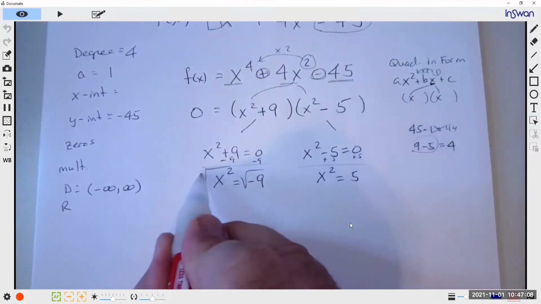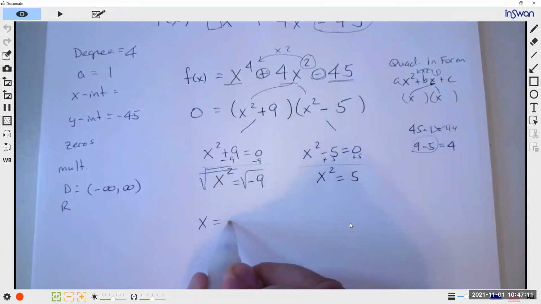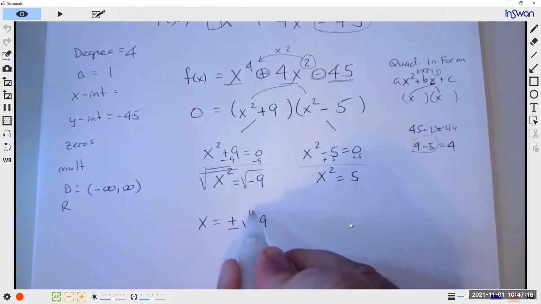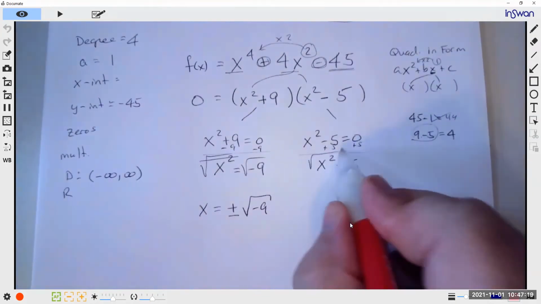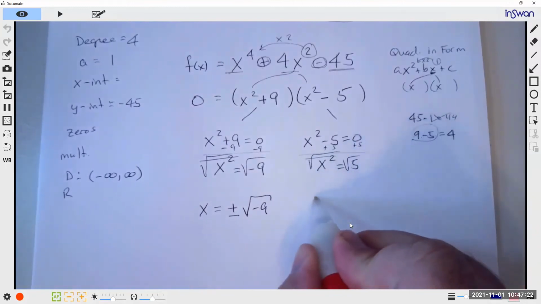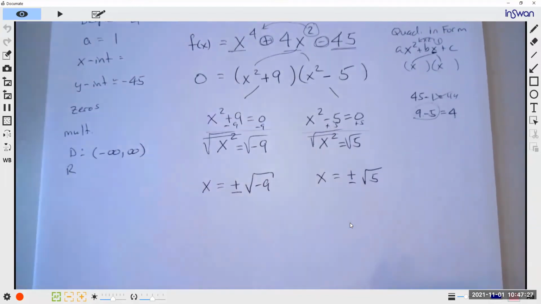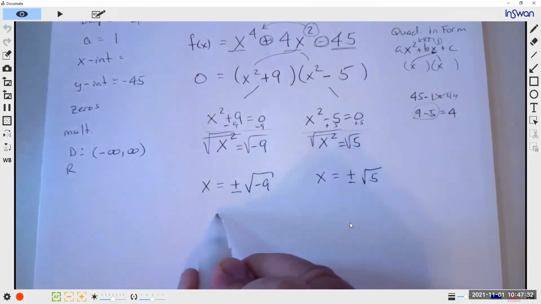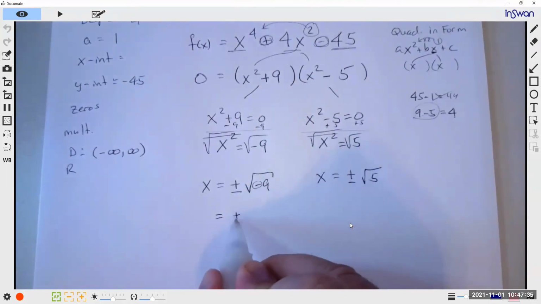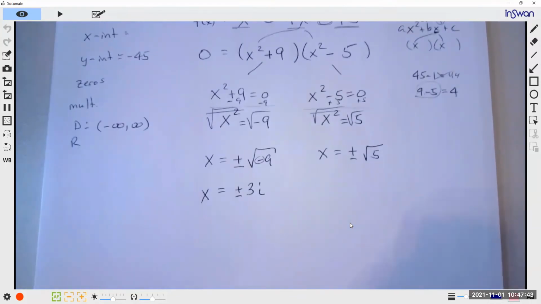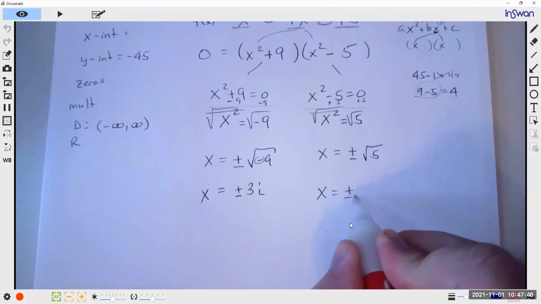Square root both sides. x equals plus or minus square root of -9. x equals plus or minus square root of 5. Square root of -9, since there's a negative inside there, that's an i. Square root of 9 is 3. And the other one is just square root of 5.